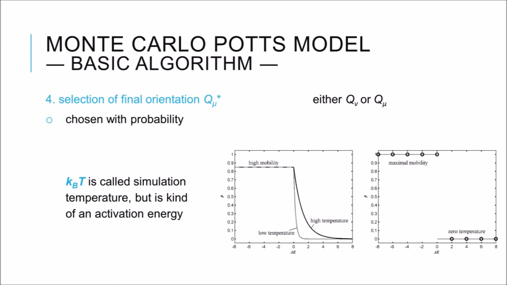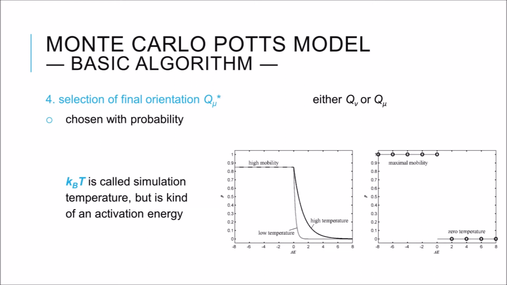And you can see at the right this image where we see maximum mobility and 0 simulation temperature. It basically simplifies our algorithm where we always accept the new orientation if it lowers the energy of the system, and we always reject it if it increases our system's energy.